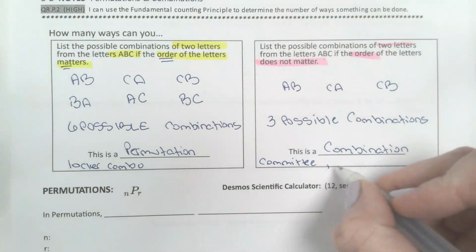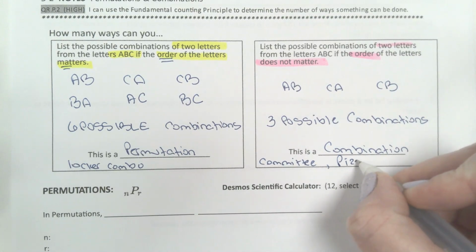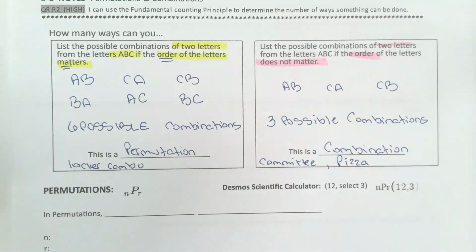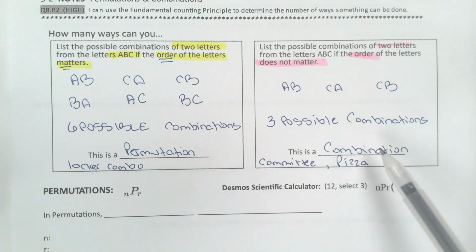It's also like if you had a pizza and they were throwing some toppings on it. It doesn't really matter if they put the pepperoni down first or the anchovies down first, it's just going to show up on there. So we have permutations where order matters and combinations where order does not matter.